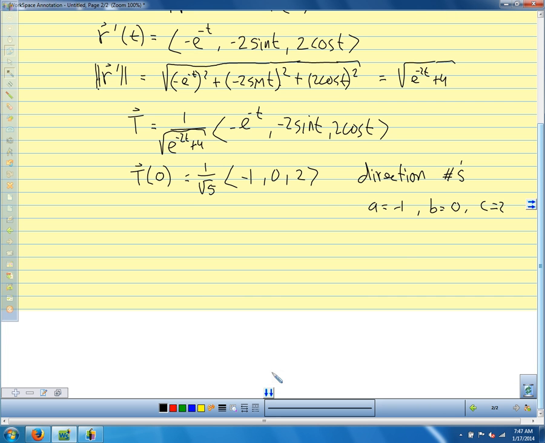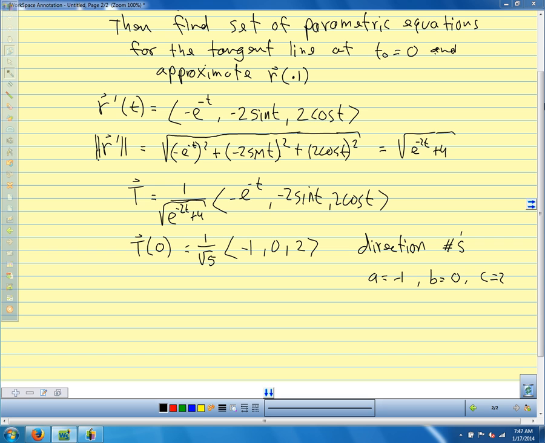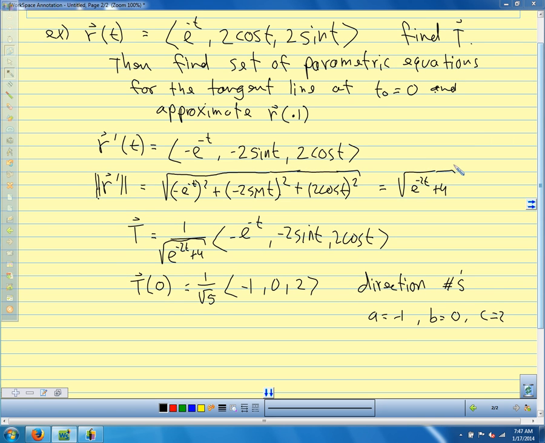And for the equation of the tangent line, what else do we need? We need a direction vector and a point. So how are we going to find a point on this line at t equals 0?